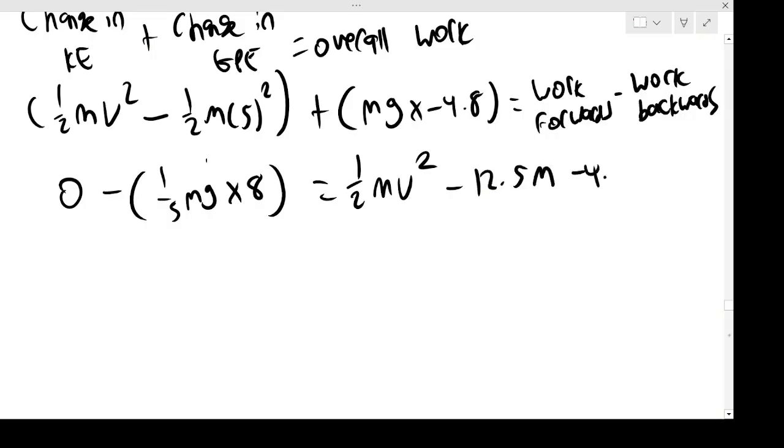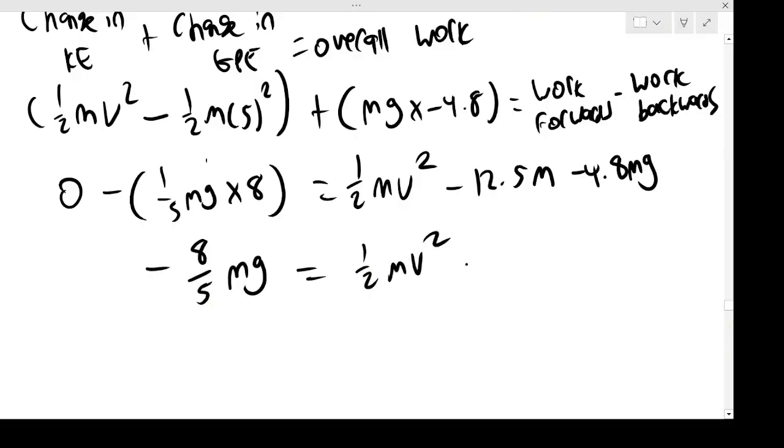And then minus 4.8 mg. And so there we are. That's the equation. Now we just simplify this if we can. So we're going to get minus 8/5 mg equals half mv squared minus 12.5 m minus 4.8 mg.